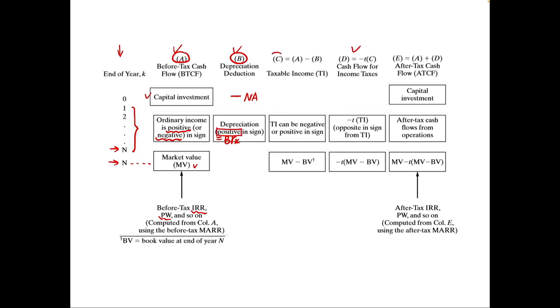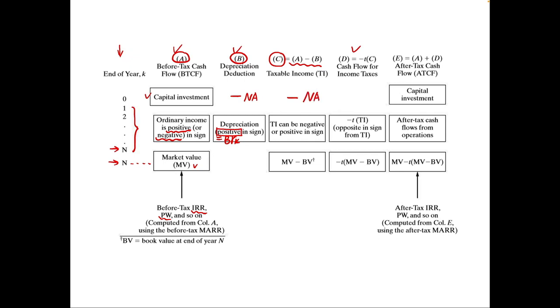And then you will have column C, which is the taxable income column. Column C is always the number in column A minus the number in column B. Whenever you have this equation in the column head, it's easy to calculate. In the first row, it's still NA, not available. You don't have to fill it up.